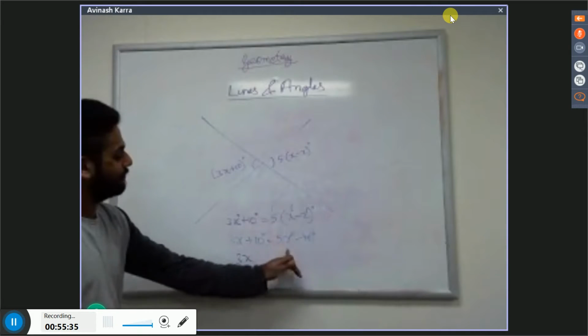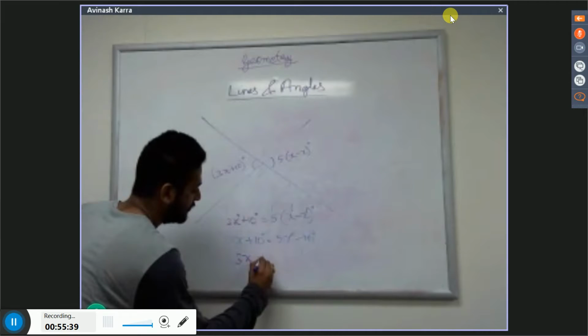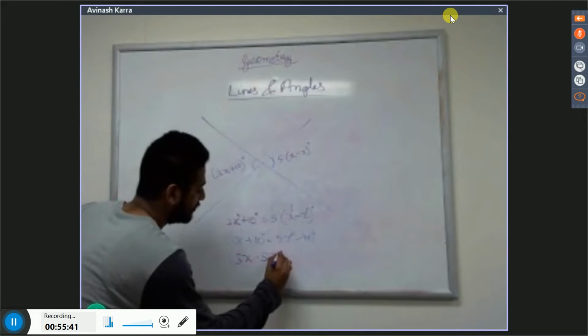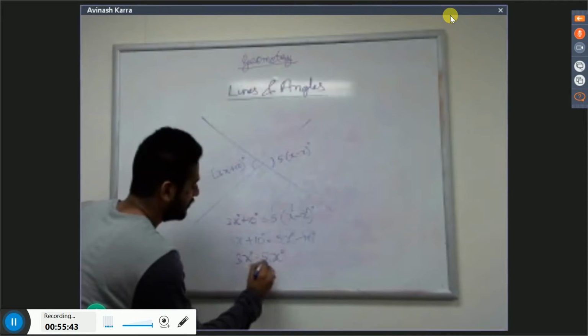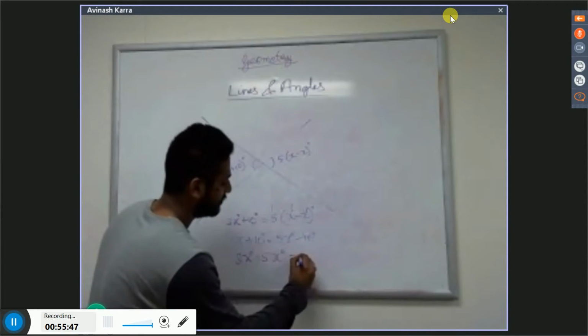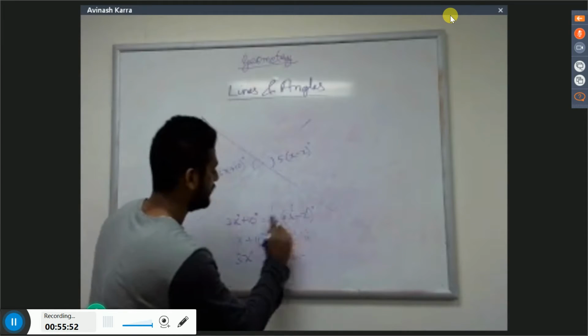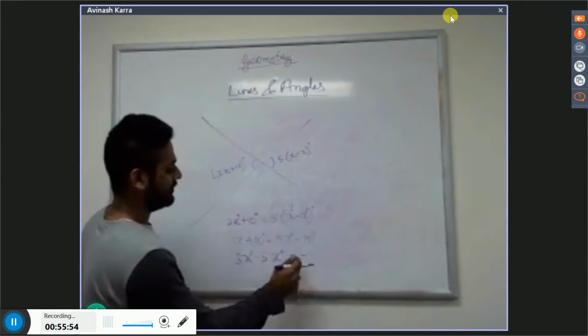It's positive. When it comes to the LHS, it will become negative 5x degrees. And equals negative 20 degrees.